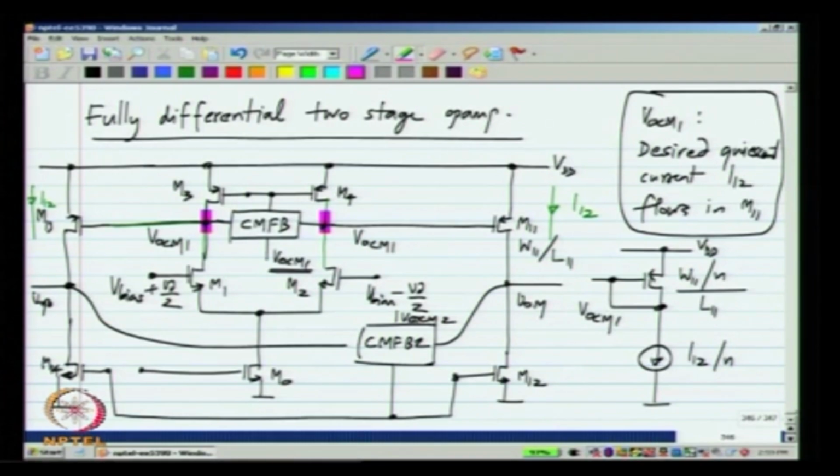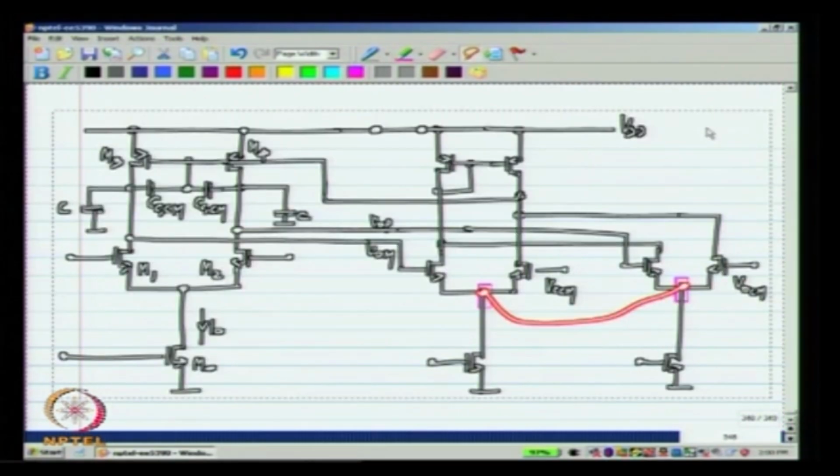Now, before we go into the details of the common mode feedback circuit of the two stage op amp, let us quickly go through the differential half circuit of the two stage op amp.